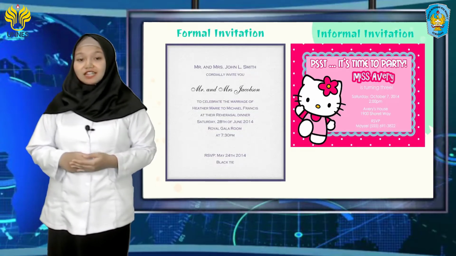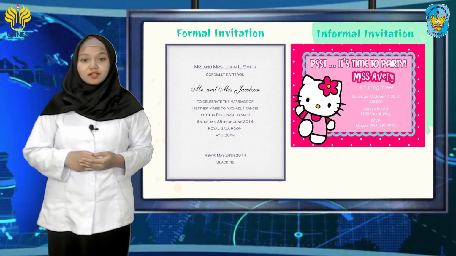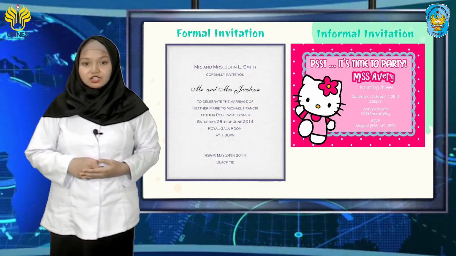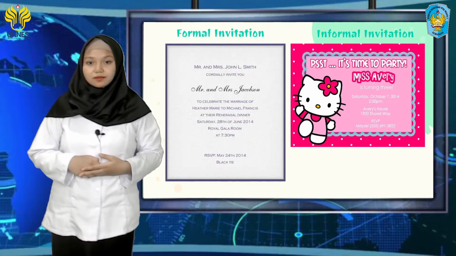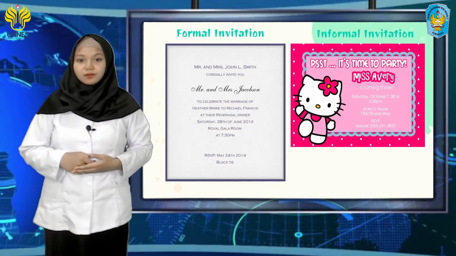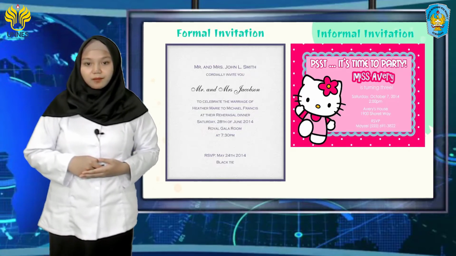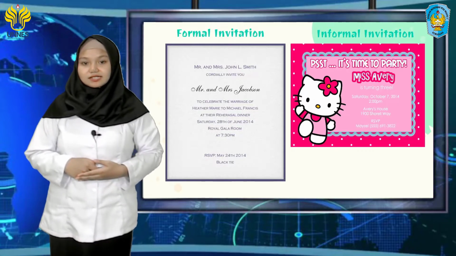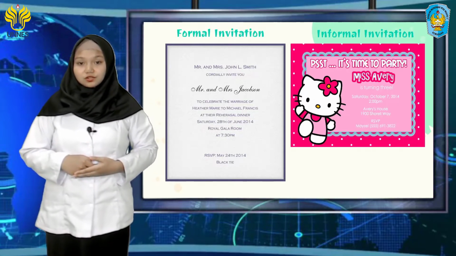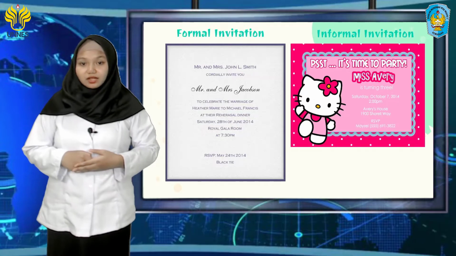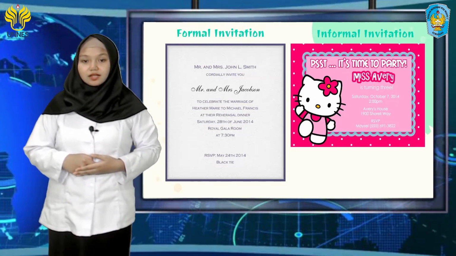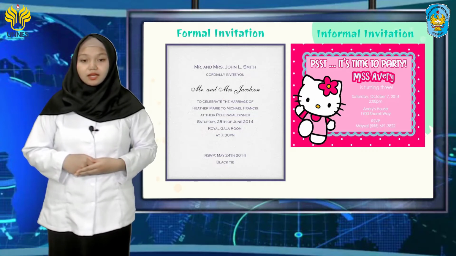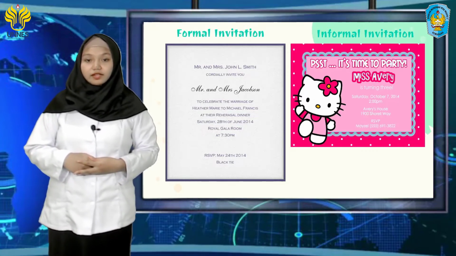Yeah, in this formal invitation, there is Mr. and Mrs. John Smith cordially invite you, Mr. and Mrs. Jacobson, to celebrate the marriage of Heather Mary to Michael Francis at their rehearsal dinner Saturday, 28th of June 2014 at Royal Gala Room at 7:30 p.m. And there is RSVP at the bottom of the letter.